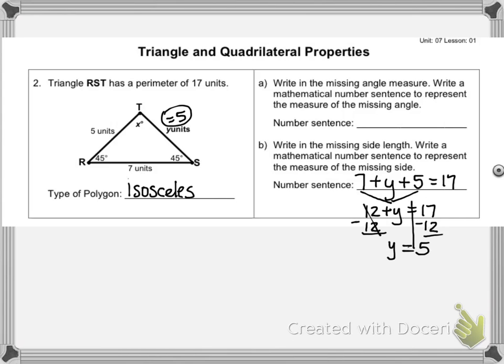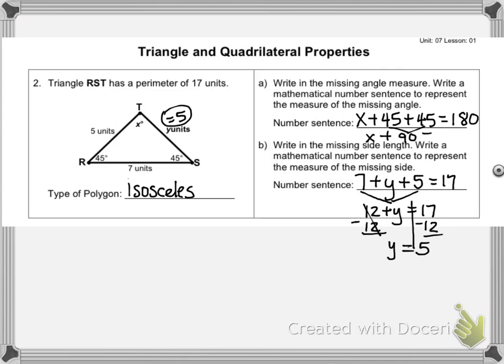Now we need to find the missing angle in order to get the right, the acute, and the obtuse. So for the missing angle measure, I have to add 45 plus x plus 45 to give me a total of 180. So we're going to add x plus 45 plus 45, and this should give me 180, not 360. That's for a what? Quadrilateral. So we add 45 and 45 and we get 90.